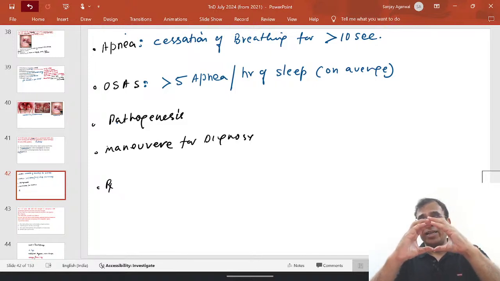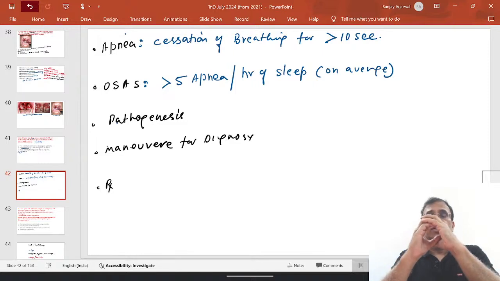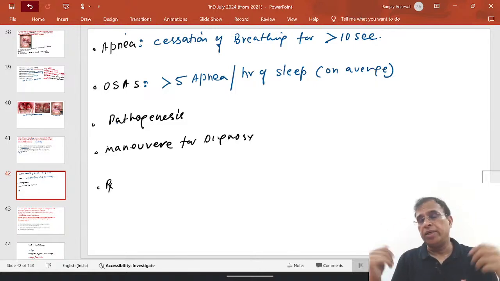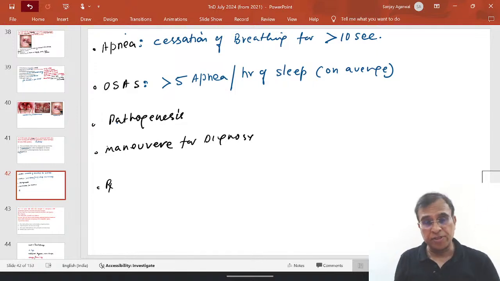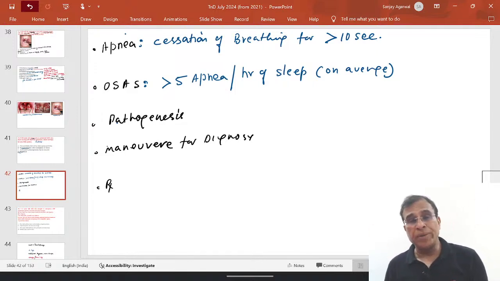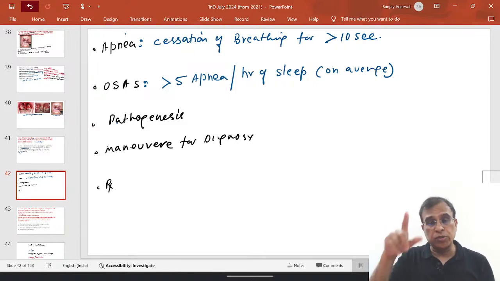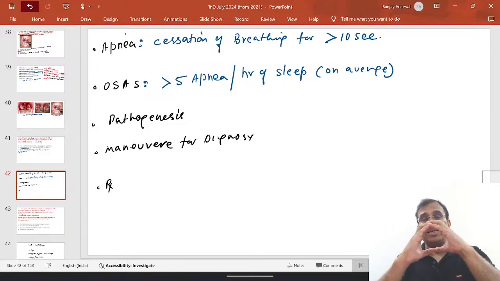Now, if the pharyngeal lumen has become this much because of collapse of the muscle during sleep, this is also sufficient for breathing. So normally we breathe through this, and there is no problem in most of us. But if somebody has obesity and a lot of fat has deposited in the pharyngeal mucosa, the pharyngeal lumen has already become narrow.